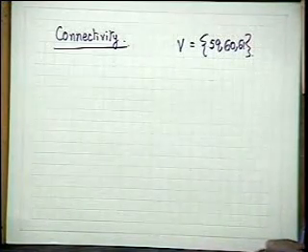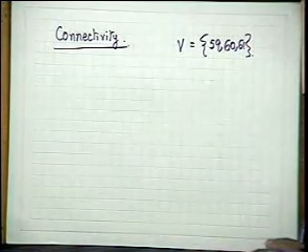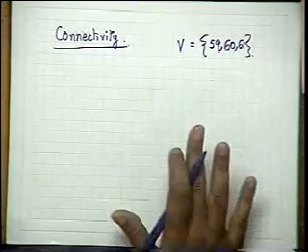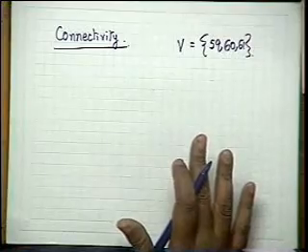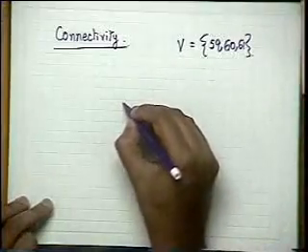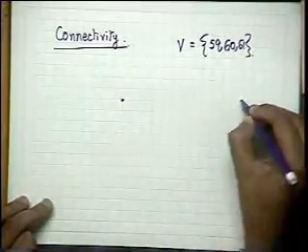And by the term connectivity, what I mean to say is that we will see whether, taking any pixel from this set V, let us say that we take a pixel P over here.